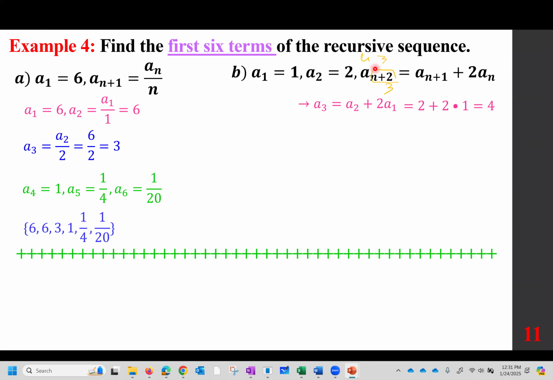Now let's continue with this formula and find the formula for A sub 4. According to this formula, A sub 4 must be equal to what, class?